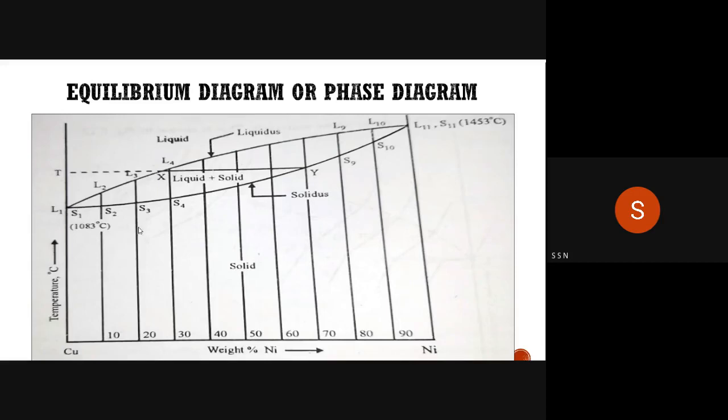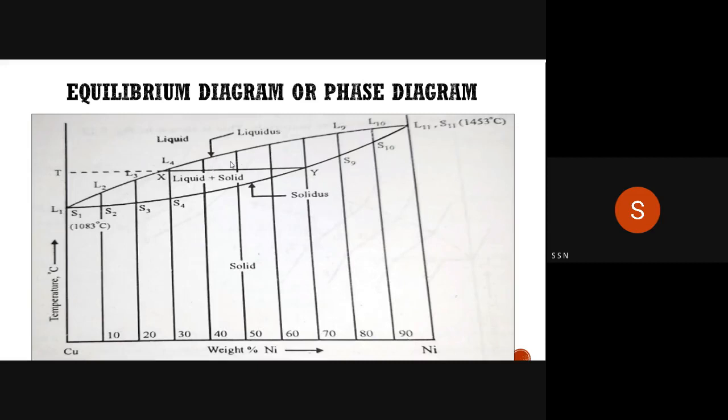Below this line, S1, S2, S3, S4 up to S11, on this line or below this line, all compositions will be solid at that temperature and composition. On the solidus line, it will definitely be solid. Below this line, also solid.